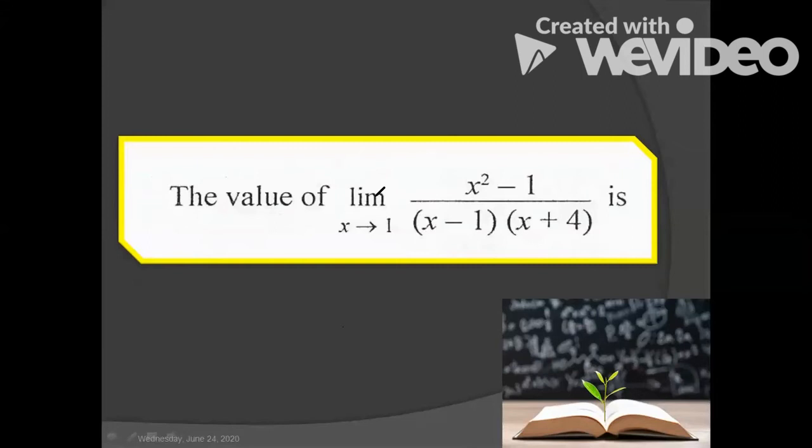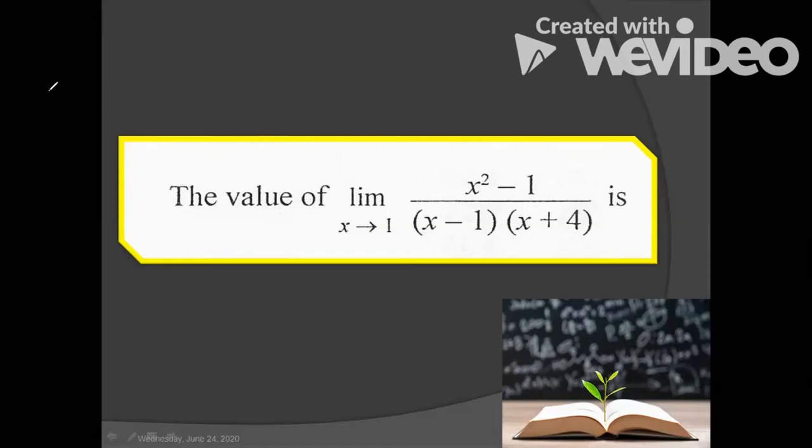If you were to replace x with 1, look at the denominator: 1 subtract 1 is 0, and then 0 times 1 plus 4, which is 5, and 0 times 5 is 0. So we have a denominator equal to 0, and you know you cannot divide by 0. So direct substitution won't work for this one.